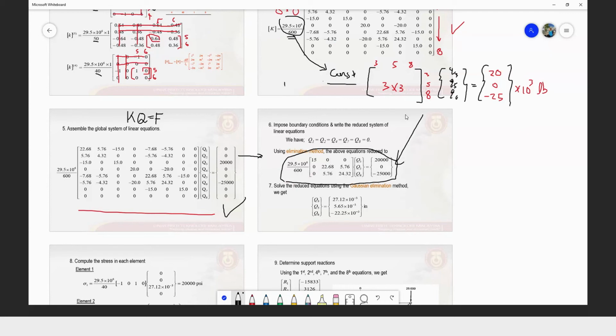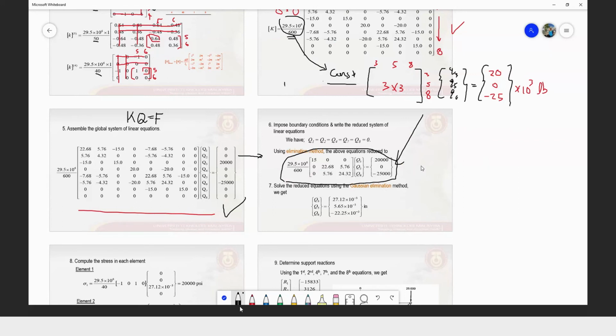Tapi, the way they prepare, dia buat semua benda dulu, then baru dia reduce kan. Which is not very efficient approach lah. Tapi kalau dalam komputer dia akan buat semua benda ni. Komputer tak apa kan. Dalam komputer memang dia akan list everything. And then bila dia apply boundary conditions tu, then dia akan reduce lah.